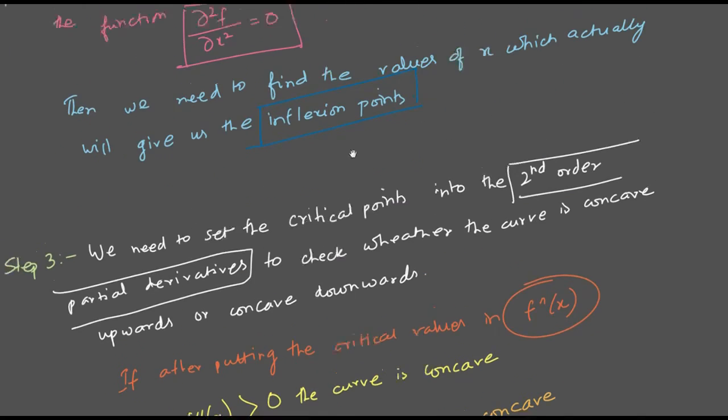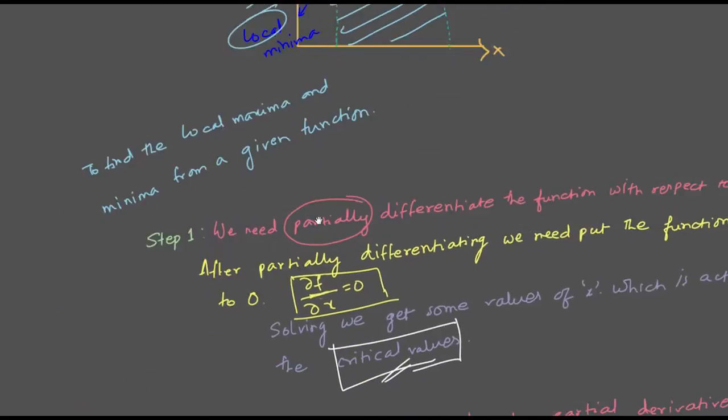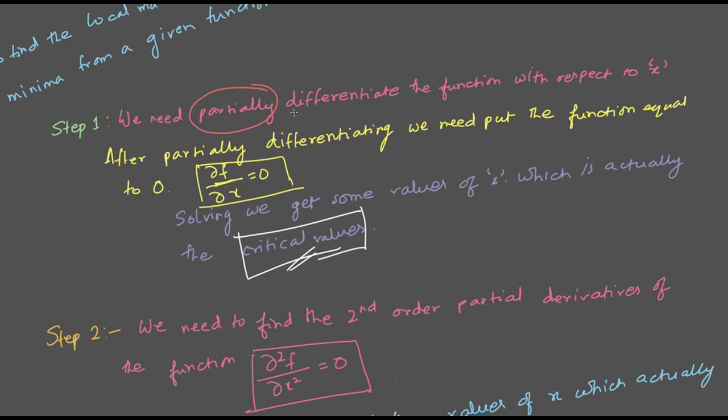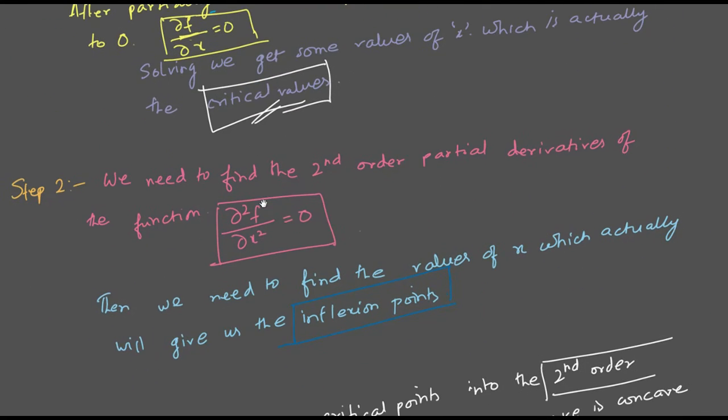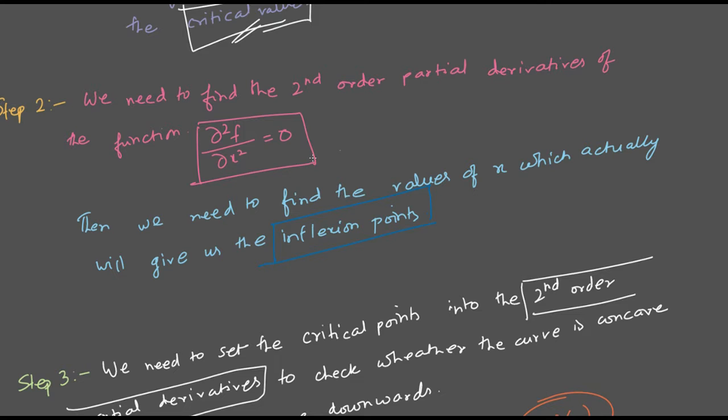So let me revise the steps once again. In step 1, we first partially differentiate the function with respect to x, that is del f, and then put it equal to 0, that is del f by del x equals 0. After solving, we get the critical values. Then we find the second order partial derivatives of the function, del squared f by del x squared equals 0.